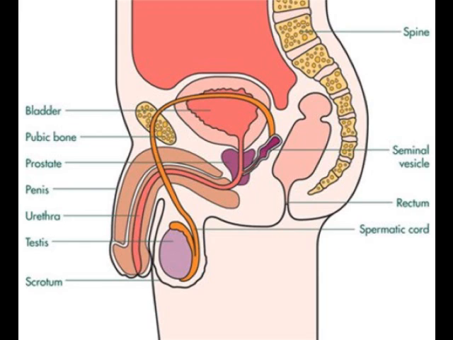And then there's a spermatic cord, which carries the sperm on the testes. And you can see the rectum, the spine, seminal vesicle.